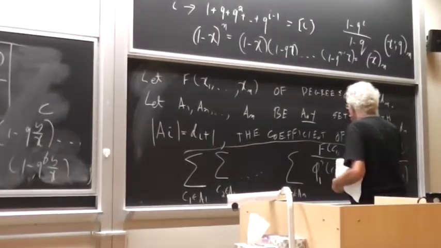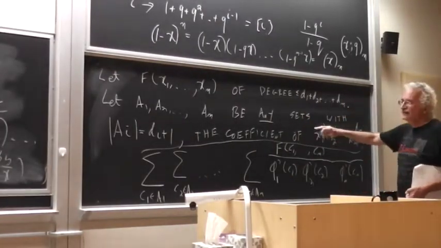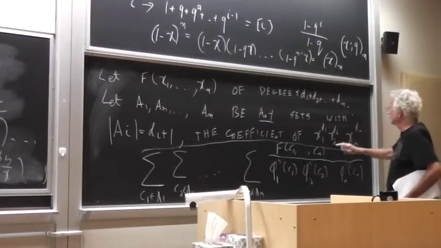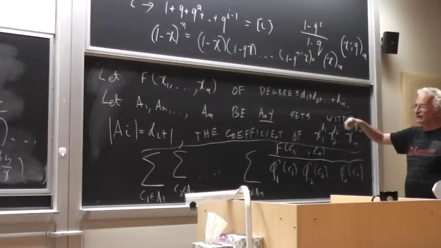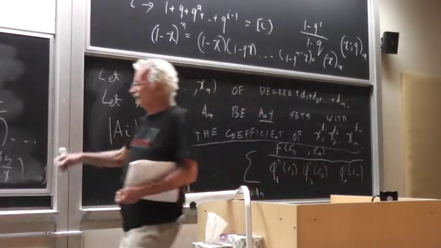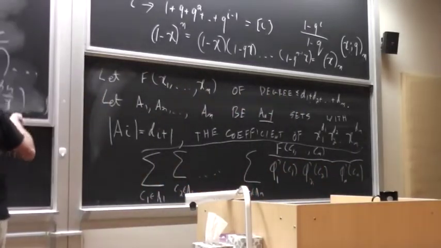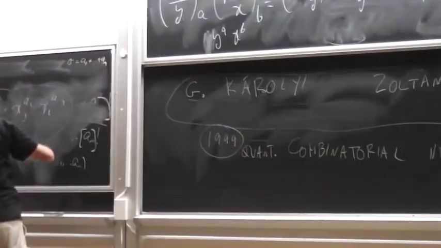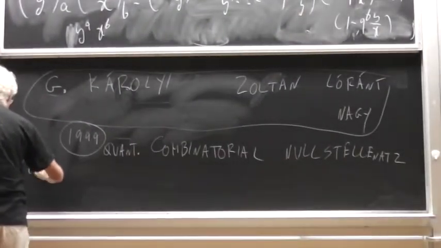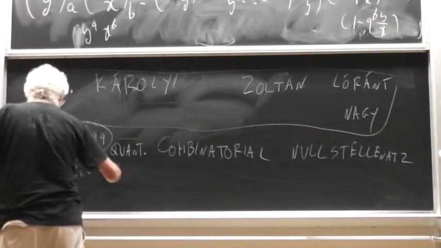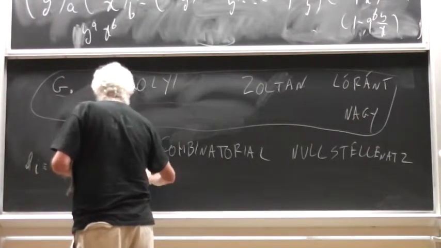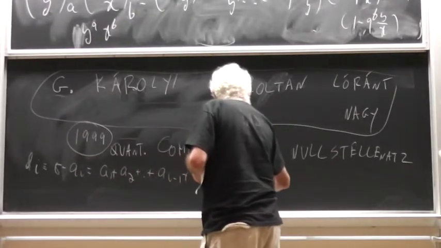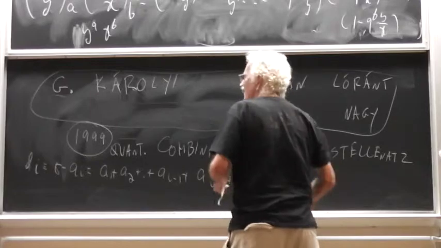You can easily see that the degree is indeed exactly d1 plus d2 plus ... plus dn. So if we let d_i be sigma minus a_i, in other words a1 plus a2 plus ... plus a_{i-1} plus a_{i+1} and so on, you can see the degree.